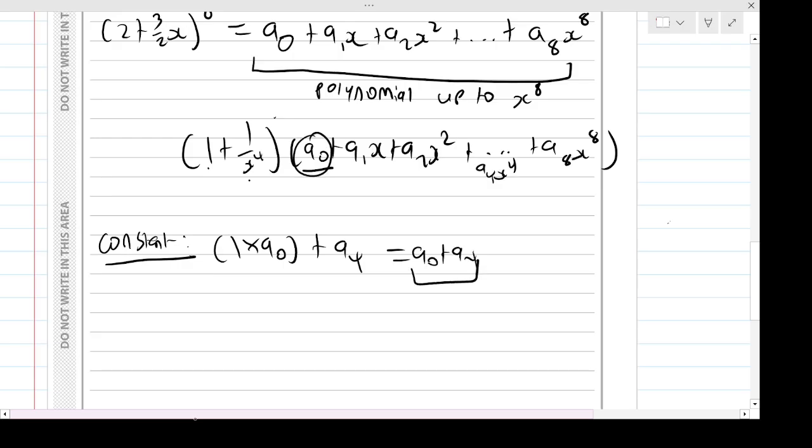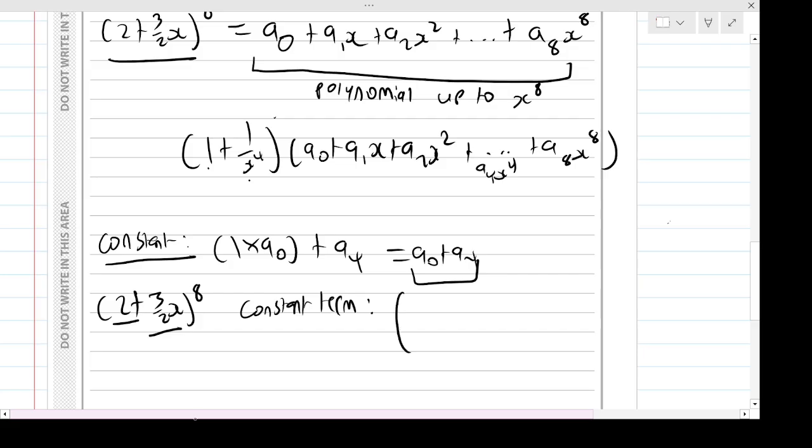So the a0 term, the constant term in this bracket, and the x to the 4 term here. So I'm going to bring back my 2 plus 3 over 2x to the 8, right? That's this bracket here. And so I'm going to work out the constant term and the x to the 4 term in that single bracket. So the constant term, firstly, the x part has to be no x, so it has to be 8 choose 0, because then the power of x will be 0.